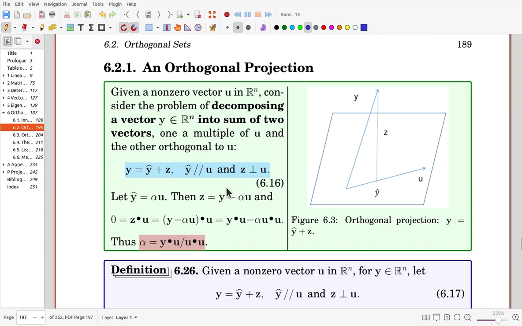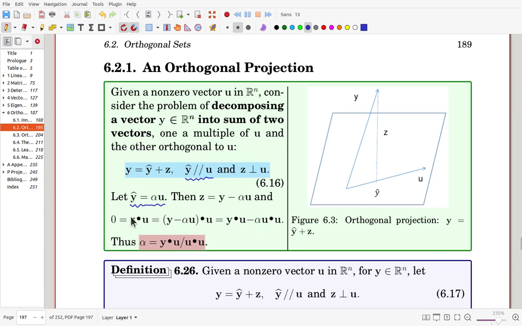Okay. Now, to find y hat, because that one is saying that y hat must be parallel to u, we may start with that one, right? Okay. Then, now z is y minus y hat, which is alpha u, so that z is y minus alpha u, and we'll try to use this one, and that must be 0.